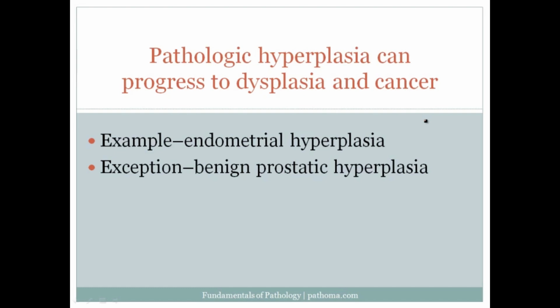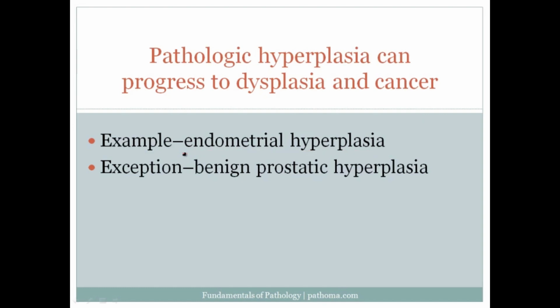Now, if the endometrium is overexposed to estrogen for long periods of time, the endometrium will actually undergo endometrial hyperplasia. And this endometrial hyperplasia can eventually progress to the formation of endometrial carcinoma. And we'll talk much more about that when we do the gynae lectures later in this series.